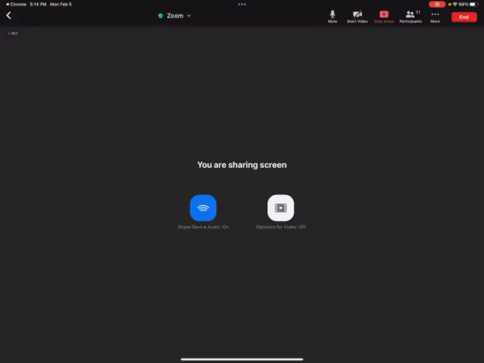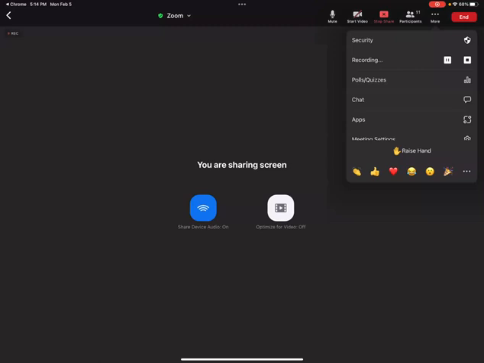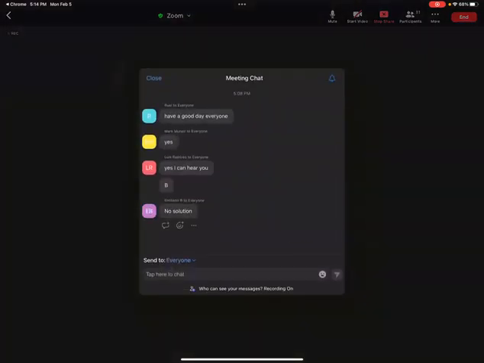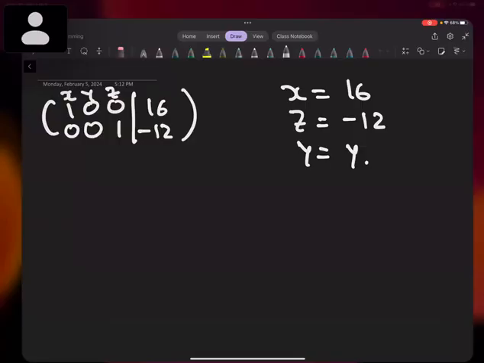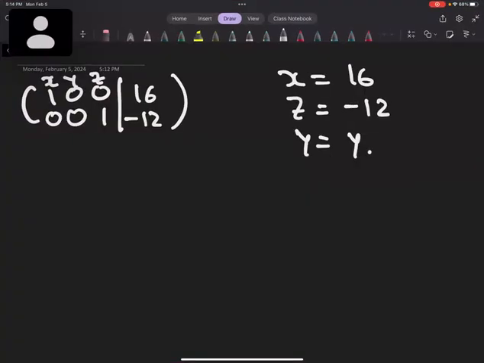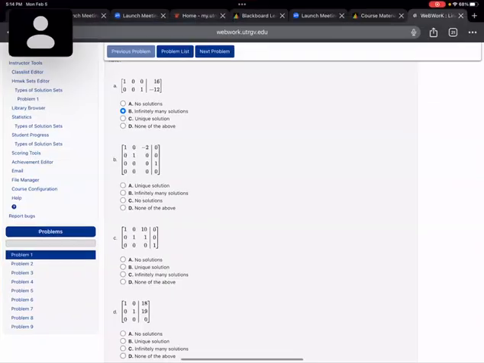For letter B, no solution. Yeah, for letter B, we have no solution, because you have the third column is 0 0 1. So that's no solution.